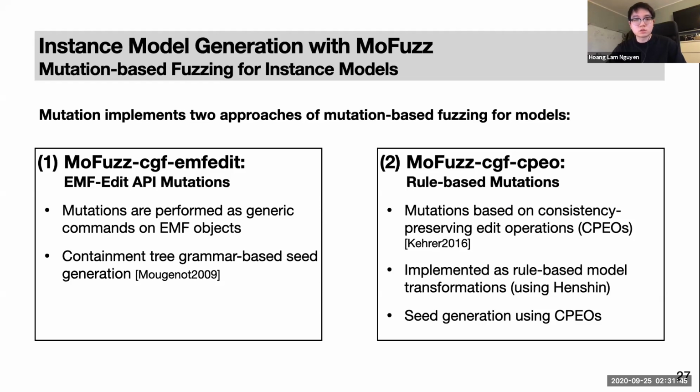On the other hand, the other set, the rule-based mutations, are based on consistency-preserving edit operations, meaning that when they are applied on a consistent model, they will preserve the consistency. These mutations are implemented as rule-based model transformations using Henshin, and they are also used for seed generation.